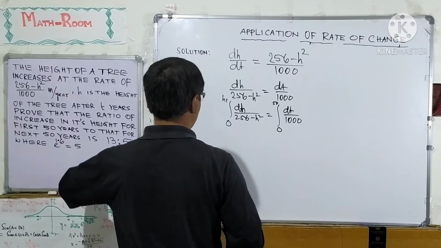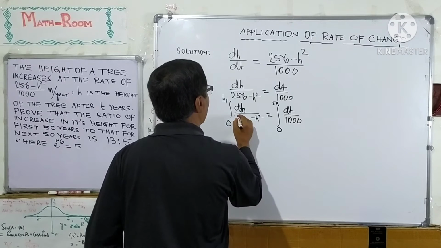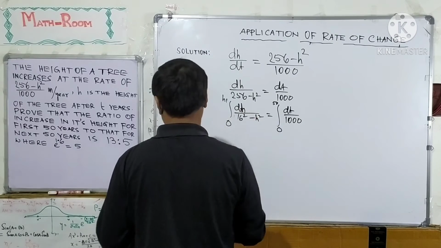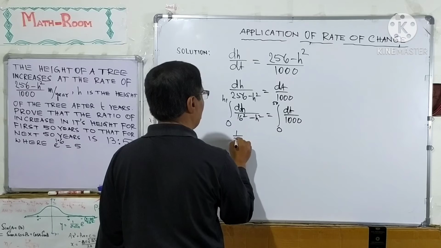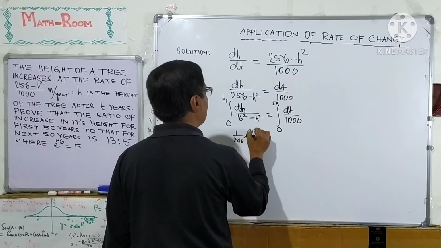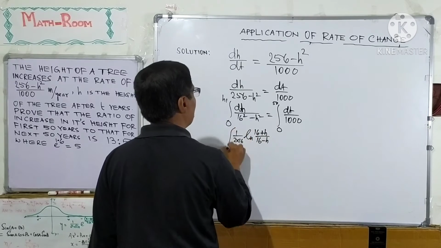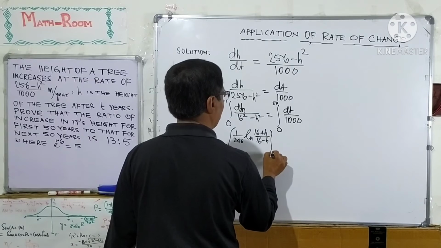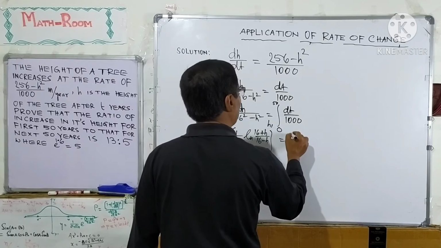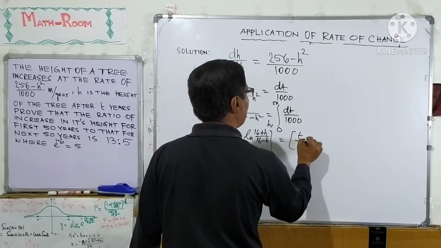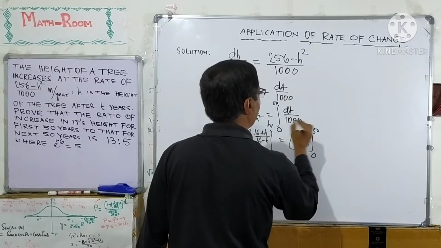Also we can write 256 as 16 squared. So the formula of this integral is 1 over (2 into 16) natural logarithm of (16 plus h) over (16 minus h), with limits 0 to h1, equal to the integral of dt over 1000, with limits 0 to 50.